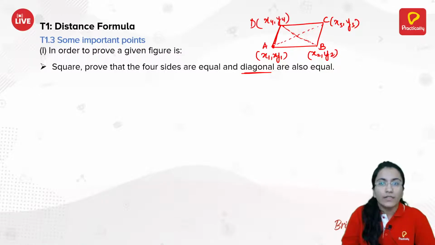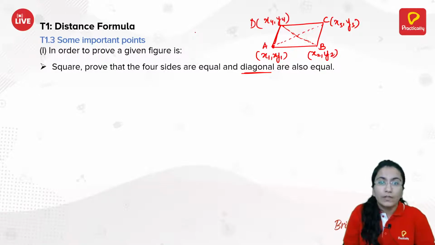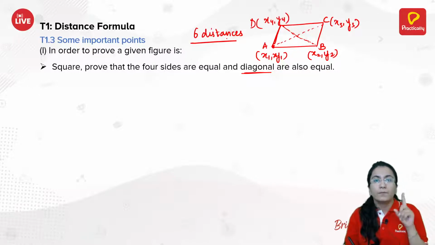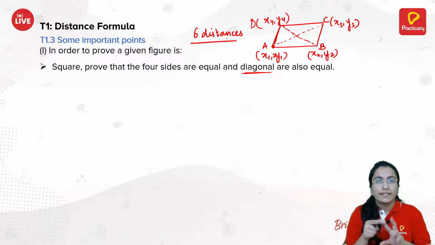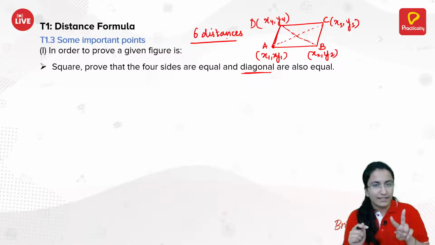So calculate AC and calculate this distance BD. You need to calculate 6 distances basically: first AB, then BC, then CD, then DA, then AC, which is your first diagonal, and next BD, which is your second diagonal.